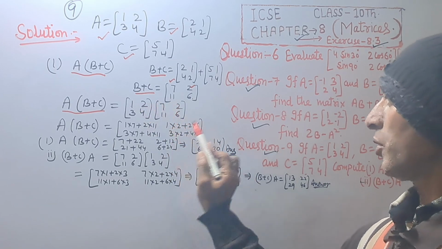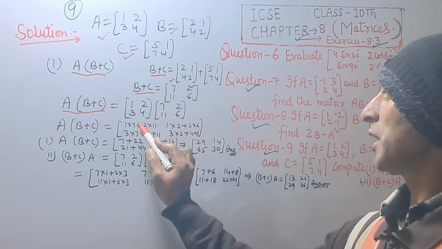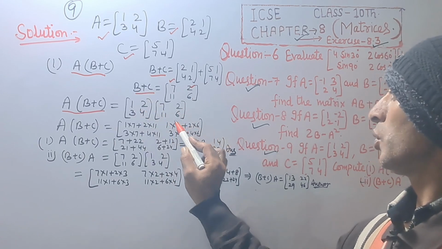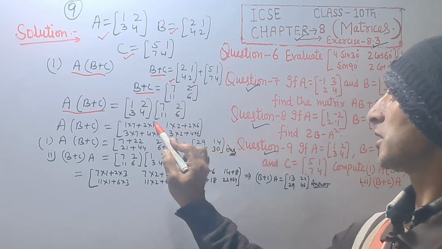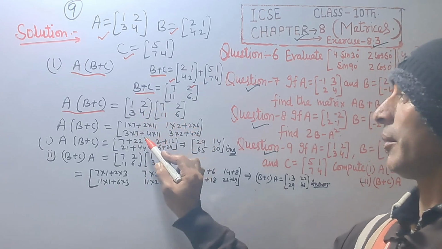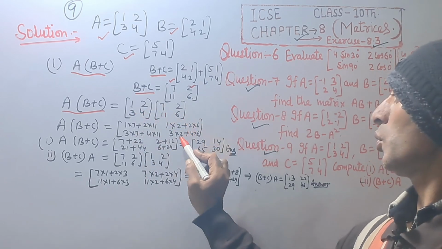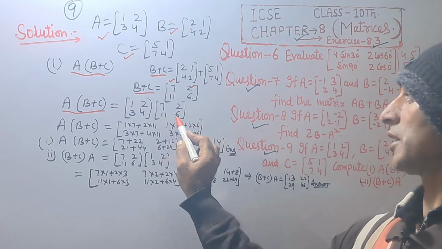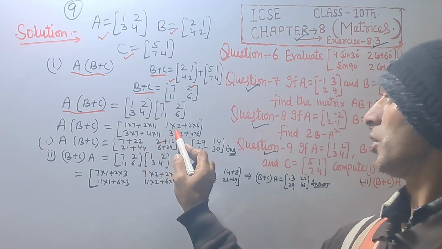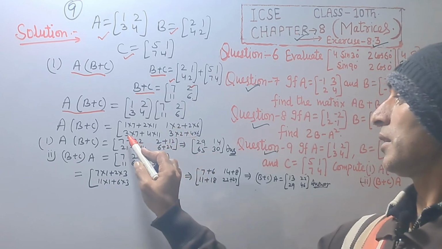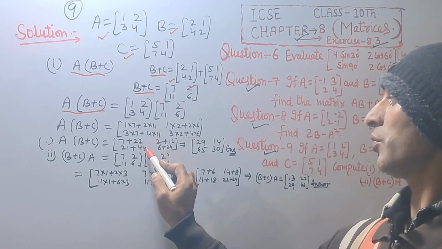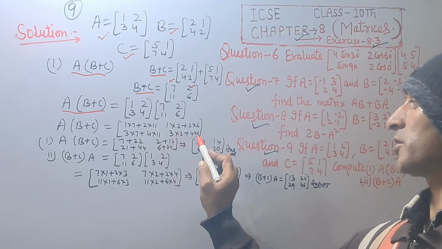Row multiply by column. 1 into 7 plus 2 into 11. 1 into 2 plus 2 into 6. 3 into 7 plus 4 into 11. 3 into 2 plus 4 into 6. And 7 1s are 7 plus 22. 2 plus 12. 7 3s are 21 plus 44. 3 2s are 6 plus 24.